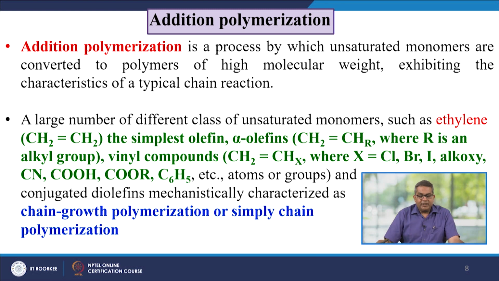Let us talk about addition polymerization. Addition polymerization is the process by which unsaturated monomers are converted to polymers of high molecular weight, exhibiting the characteristics of a typical chain reaction.